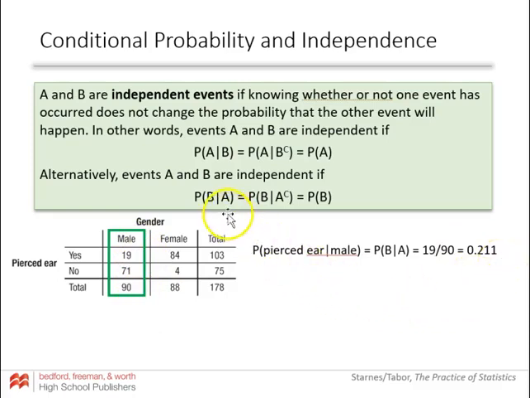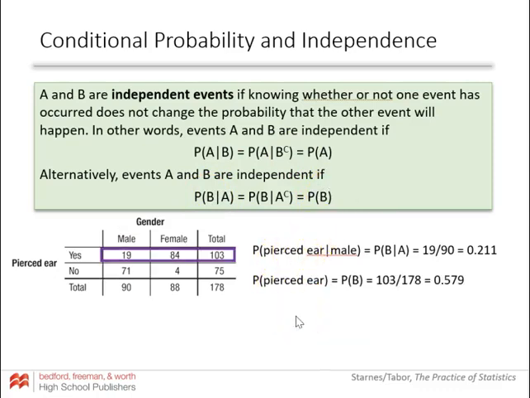If these events are independent, then the probability of B given A, the probability that someone has an ear pierced given that they are male, should be equal to the probability of B, meaning the probability that a person has a pierced ear. But if we look, the probability of a pierced ear is 103 over 178, which is 0.579.